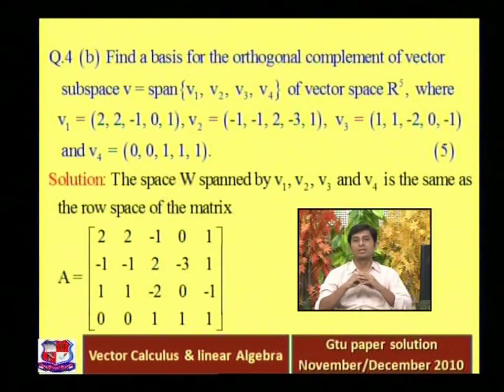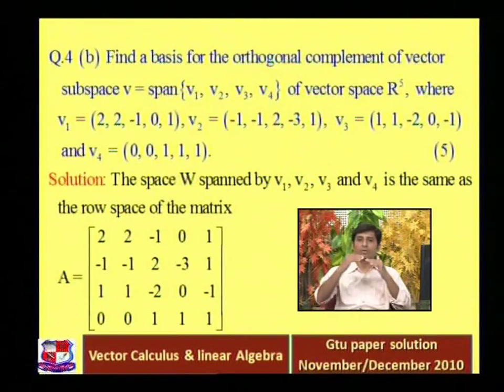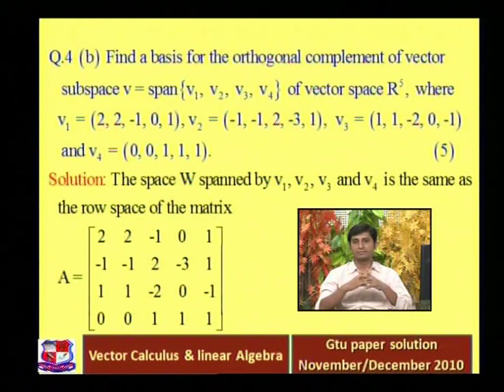And the third condition is whenever we are going from above to below, our leading entry is going from left to right. In a matrix, whenever we are going from above to below, our leading entry is going from left to right row wise, right? Okay, so if these three conditions are satisfied, then we can say that a matrix is in row echelon form.